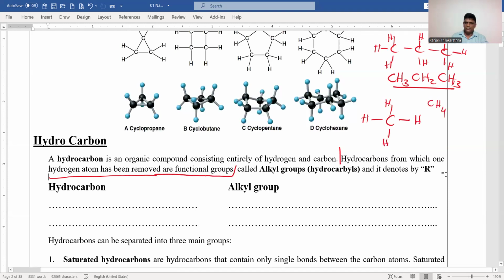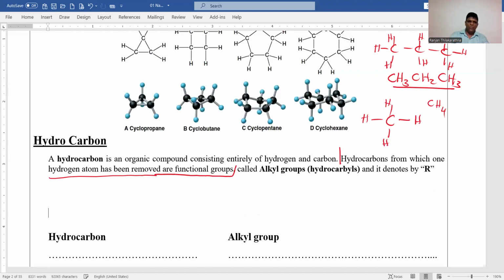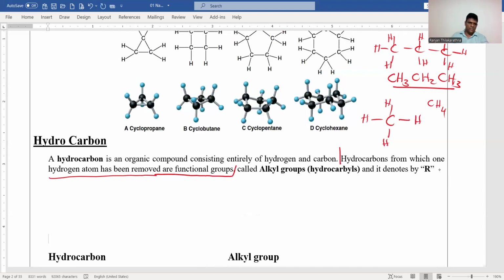But if you remove one hydrogen atom from this, you now have CH3 and another vacant orbital which can combine with something else. So this is known as the alkyl group.